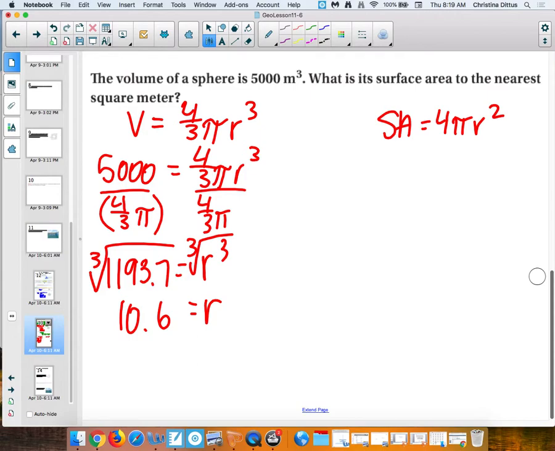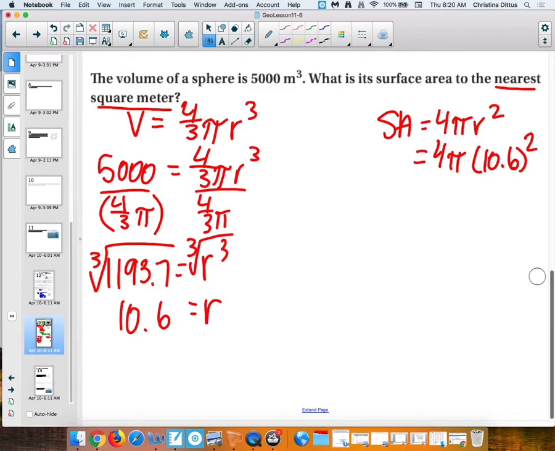Beautiful. Alright, so now to find the surface area, what am I doing? Plug in 10.6 to my r. And then it says nearest square meter, so nearest whole number.